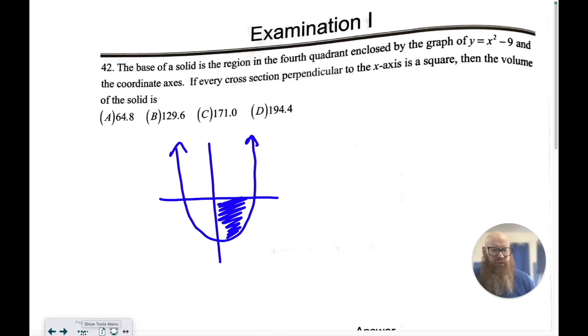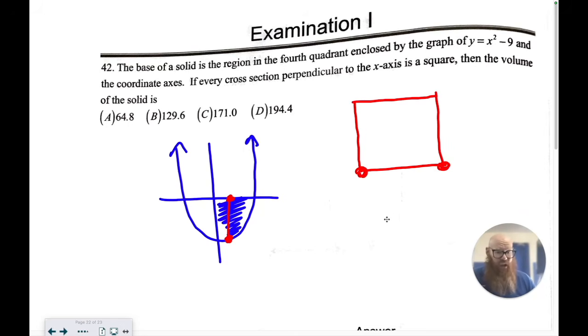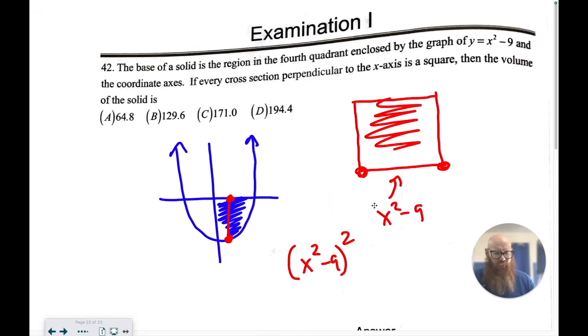Every cross-section perpendicular to the x-axis is a square, so if I draw one of these, I know that ends up being a square. This length here is this length here, and we know that length is the function itself. So this length is x squared minus 9. So x squared minus 9, squared, would give me the area of that square.